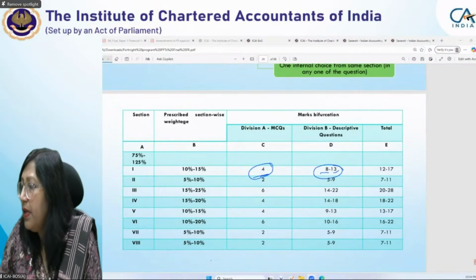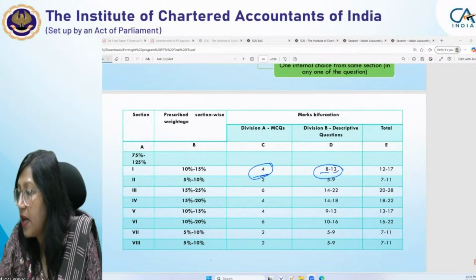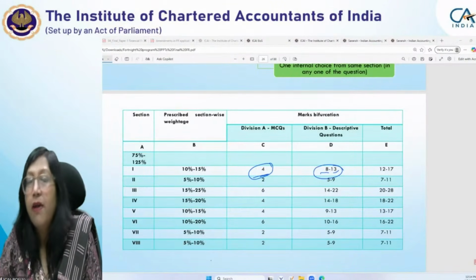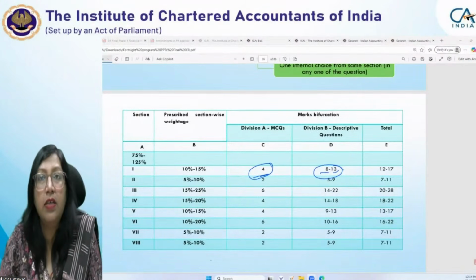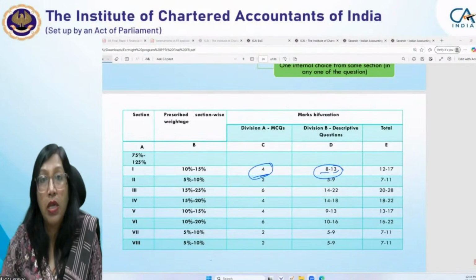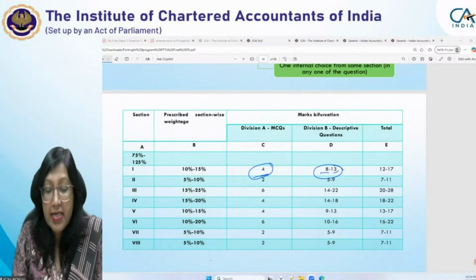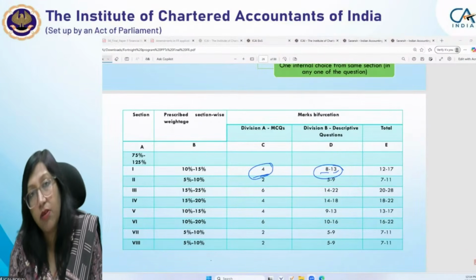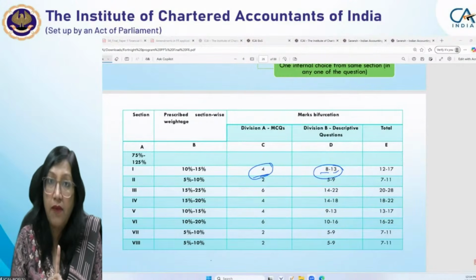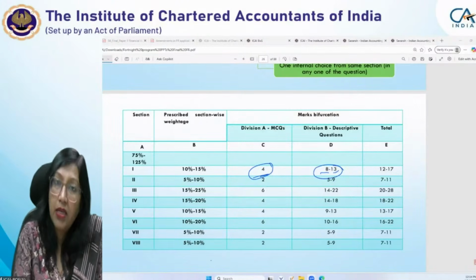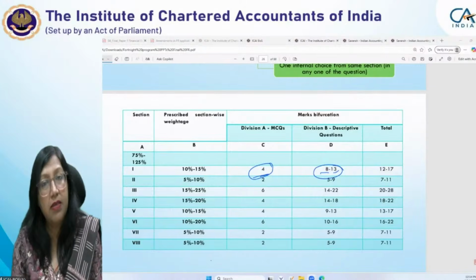Question: Ma'am, for Ind AS 37, professional ethics and other key topics, should I practice Saransh for keywords also? For Ind AS 37, you can see it, because this Saransh we launched is only on Indian Accounting Standards. Besides that, other chapters which we have are not given in Saransh. For professional ethics, we have only one chart in your study material, and that will be placed in your Saransh also.